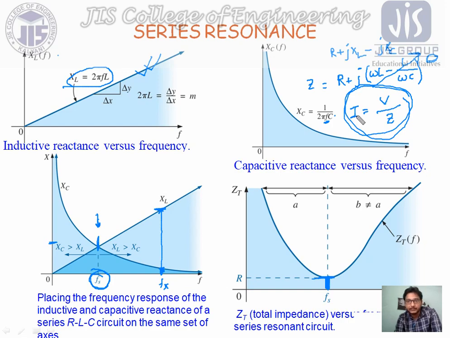That will obviously be maximum, because I is equal to V by Z. If V is constant and we change Z, then I will change based on Z. When the impedance decreases, our current increases, and when the impedance is minimum, our current is maximum. After that, when the impedance increases again, the current decreases again. So we get these types of characteristics for the current.